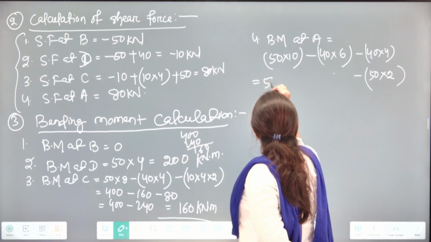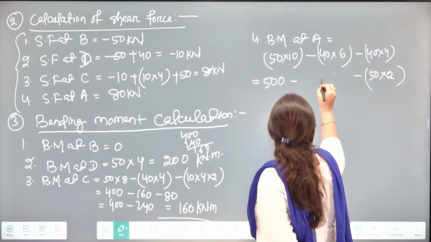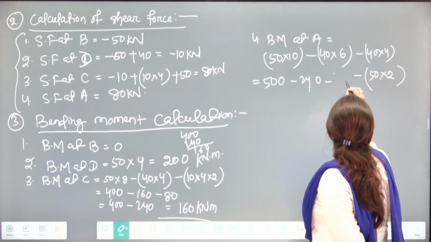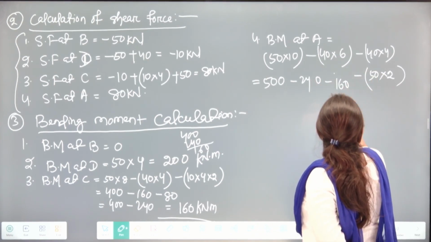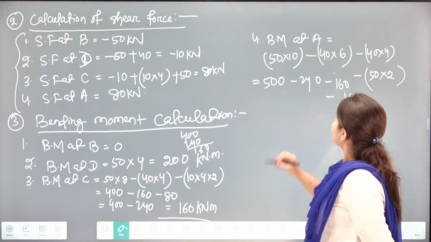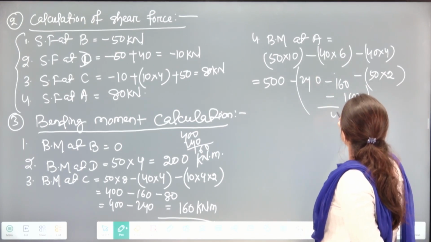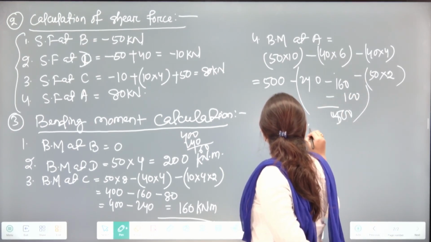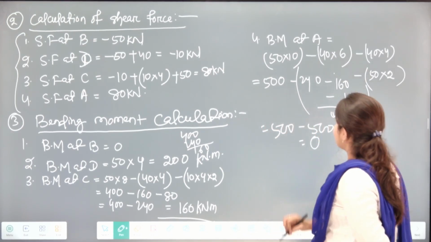Let's check it. So 500 minus 160 minus 100. This is nothing but 500 minus 100, that is 0.